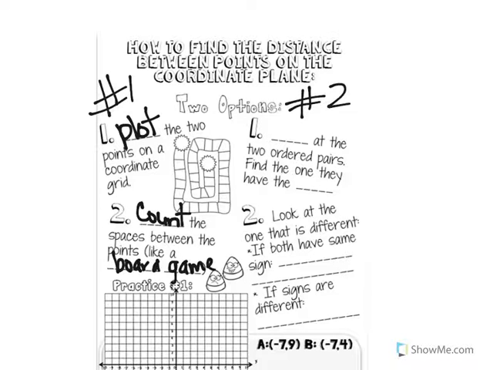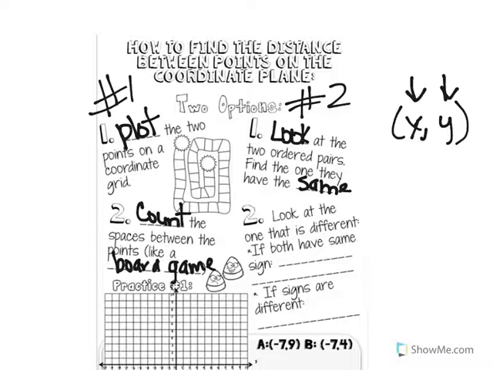Option number 2 is to look at the 2 ordered pairs, and you're going to find the one they have that's the same. So we're going to look at the X and the Y, and see whether they have the same X or the same Y. Okay, so you'll have 2 points. We're going to look at the one that is different.